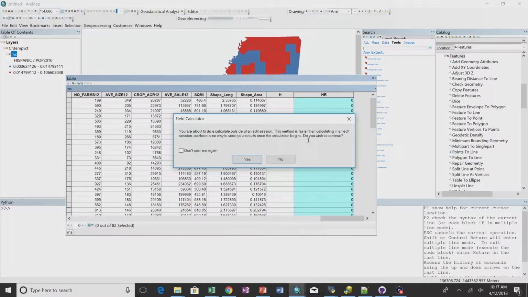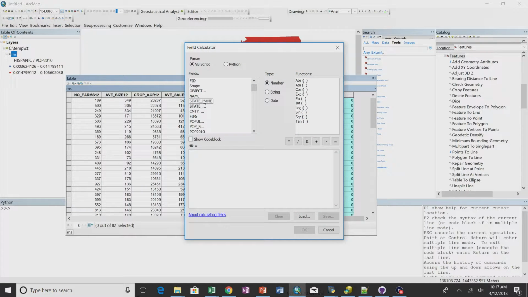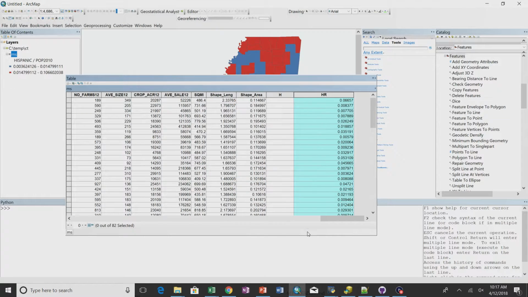So this first field is going to be, what I'm going to do is divide the Hispanic population by the total population, and that will give me the ratio. And then you know what I could do? I've only got 82 counties, right?